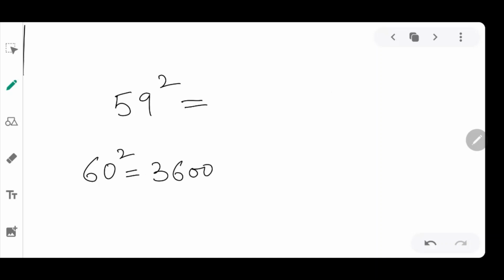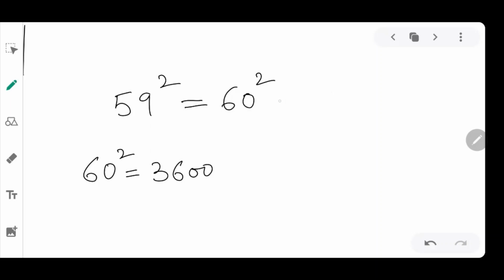Now let's say we need to find the square of 59. Okay, now what we are going to do, we know a number closer to 59 is 60, whose square is easy to find, which is 3600. So we are going to equate it to 60 square, and I know 59 is less than 60, so I have to subtract something from 60 square.